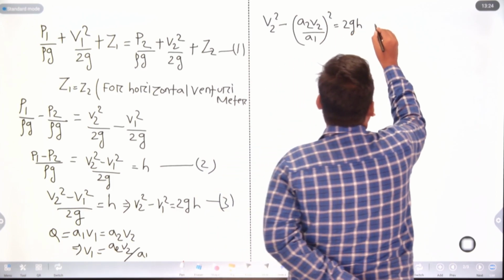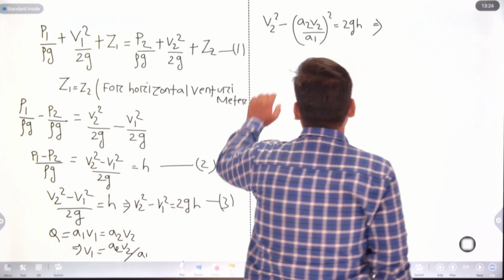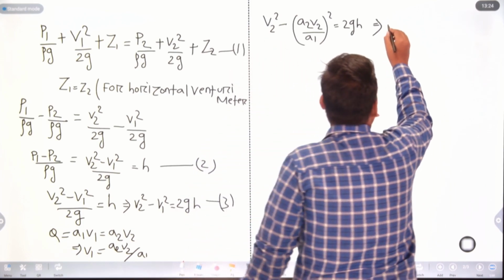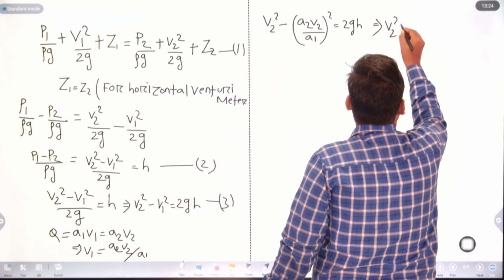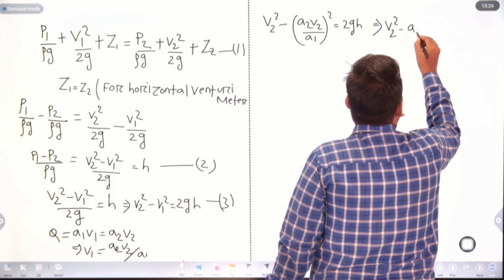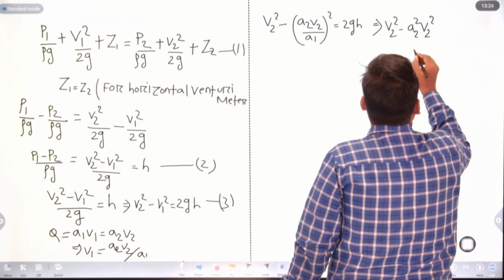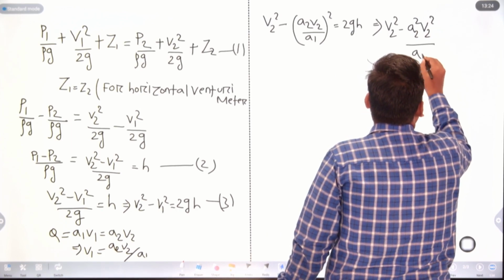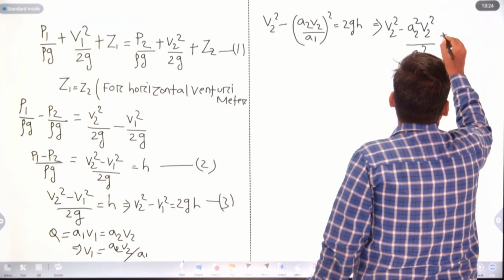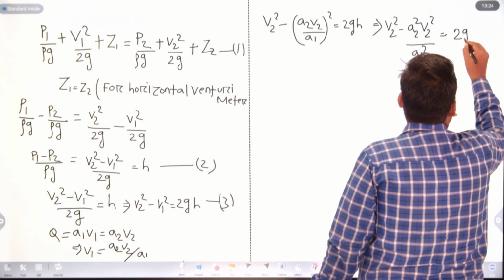That implies V2 square minus A2 square V2 square divided by A1 square is equal to 2gh.